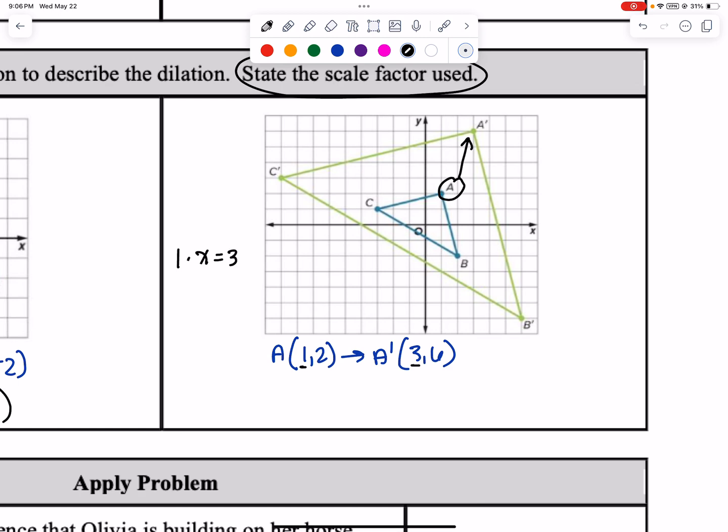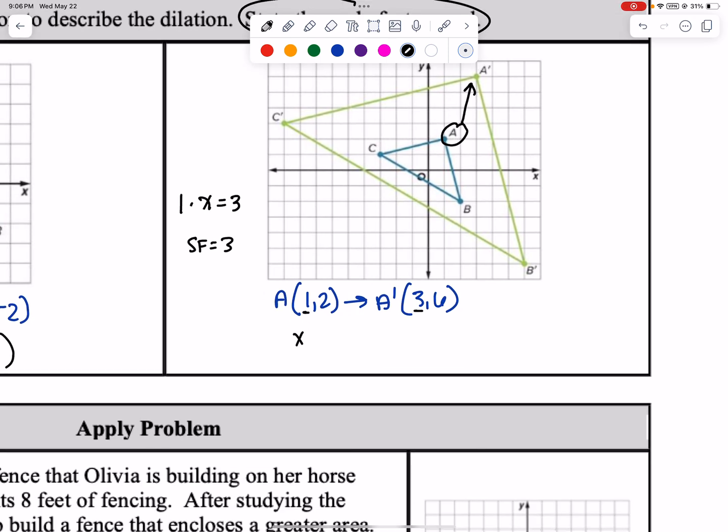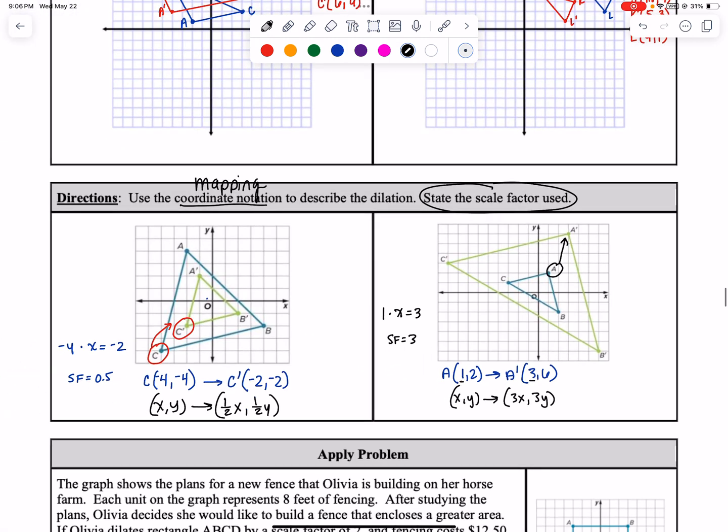And so 3 divided by 1, obviously 1 times 3 is 3, so my scale factor equals 3. All right, so now that we know scale factor is 3, we can create our mapping, and our mapping is just x, y. What do you do to the x and the y? Well, I multiply times 3 for the x, and I multiply times 3 for the y. So 3x and 3y will create my enlarged image, and there we go.